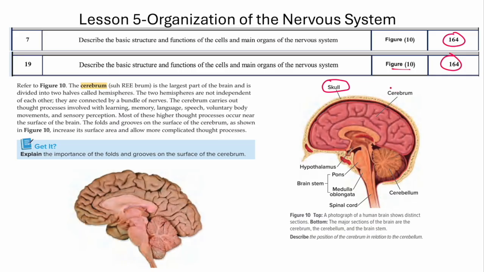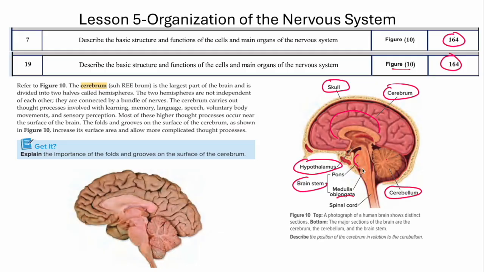The brain has a bigger part called the cerebrum, and beneath that you can see the cerebellum. You can see a small portion called the hypothalamus, and the brainstem is divided into two parts, the pons and the medulla oblongata.